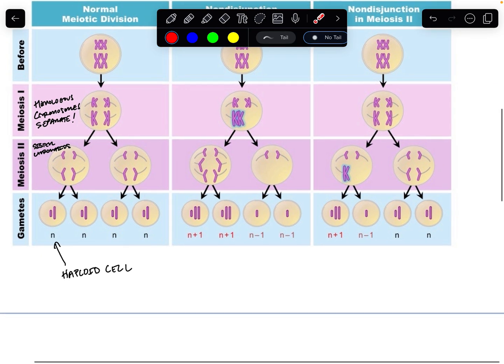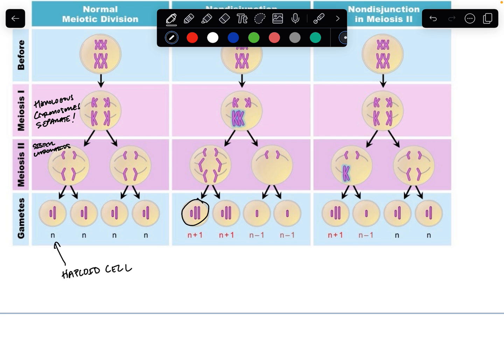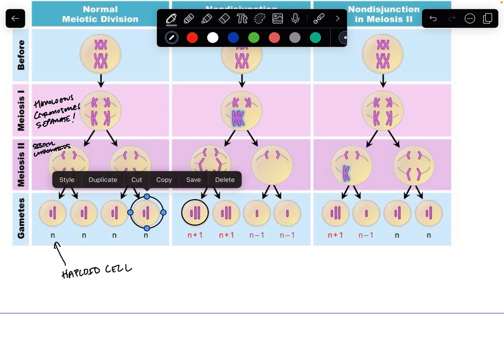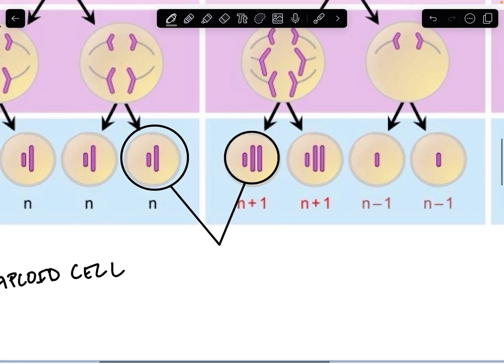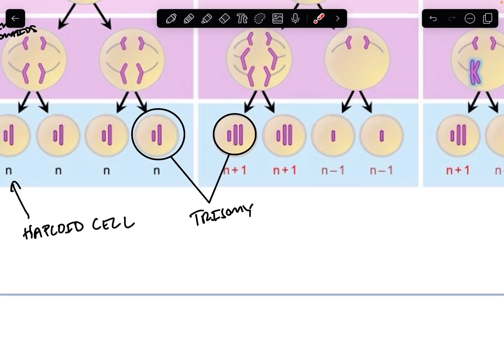Okay, so if you had a fusion of this gamete with this gamete, you would end up with an individual that has a trisomy. It would have 1, 2, 3 copies of this large chromosome.